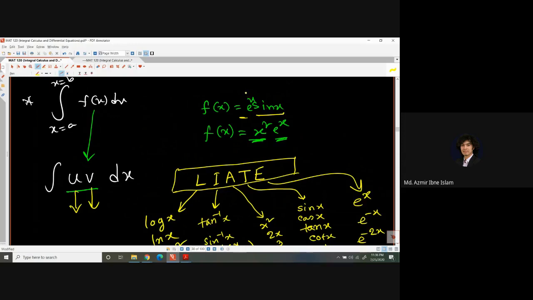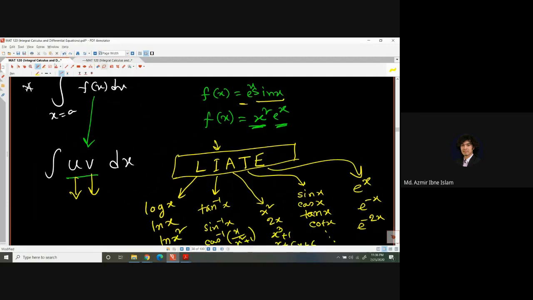Someone may consider this one as u and this one as v, or other students may take it the other way around. So confusion will arise. Just to remove this confusion, we can take the help of LIATE. So this part is for taking u.